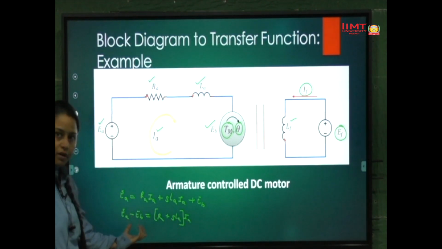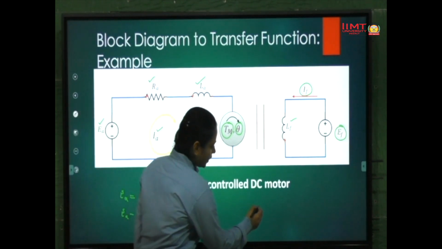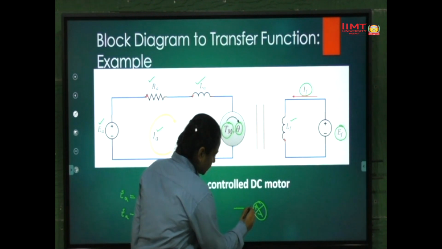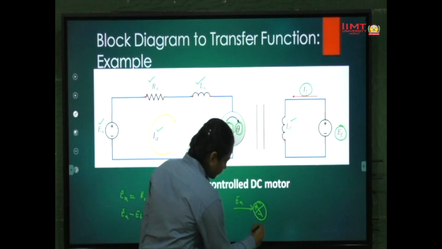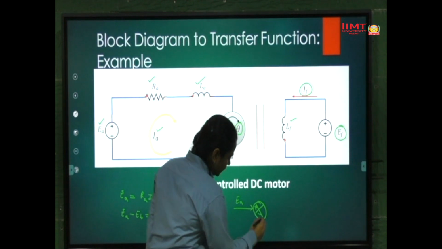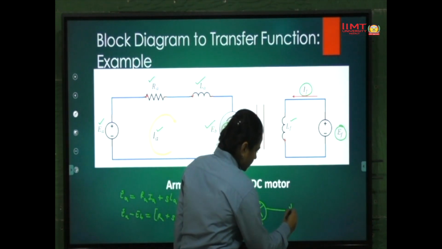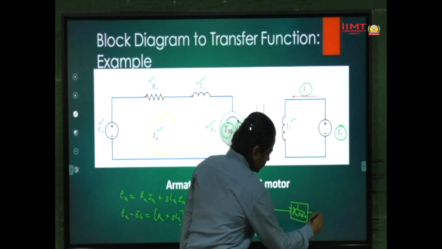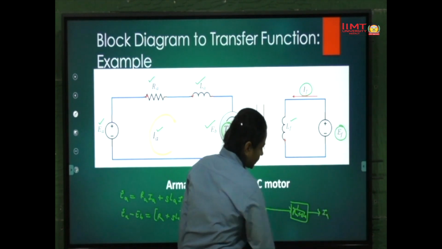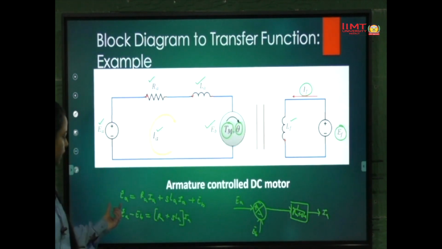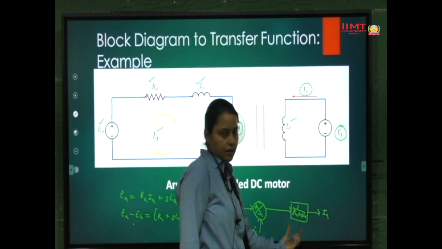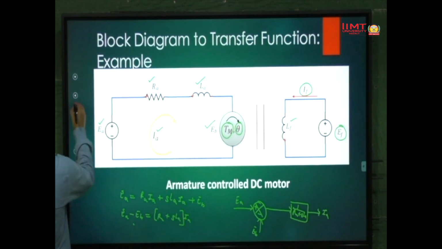If we draw the block diagram for this equation, we have a summation point with plus and minus, EA and EB, followed by a block 1 upon RA plus S LA, giving IA. So we can write this equation in block diagram form like this.